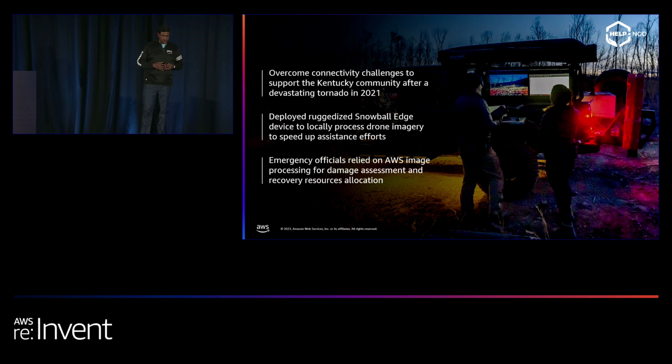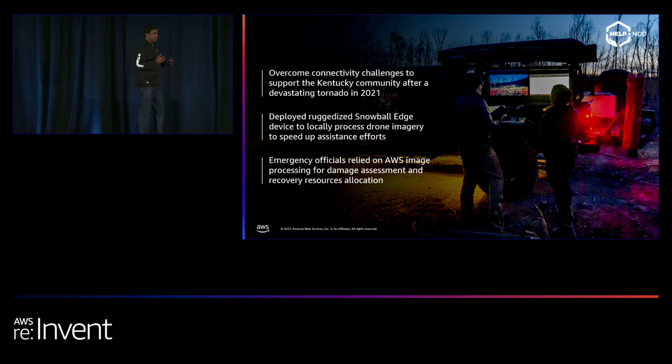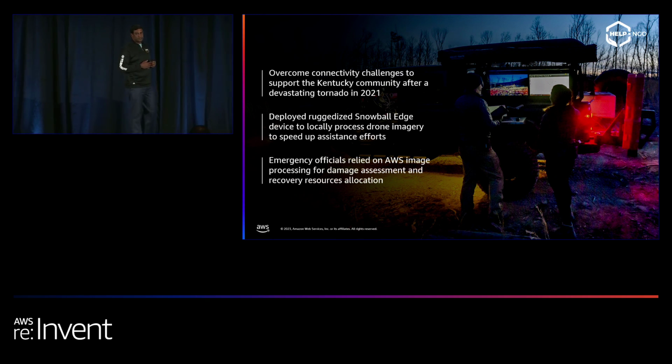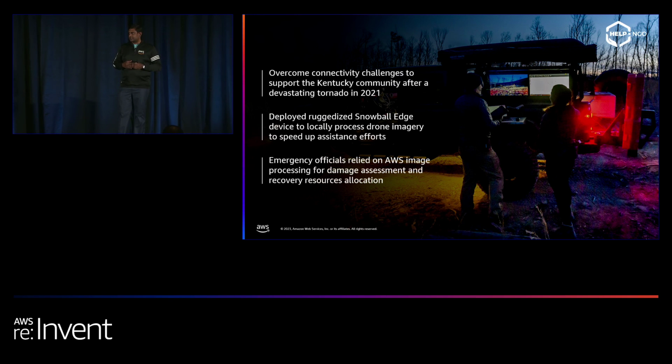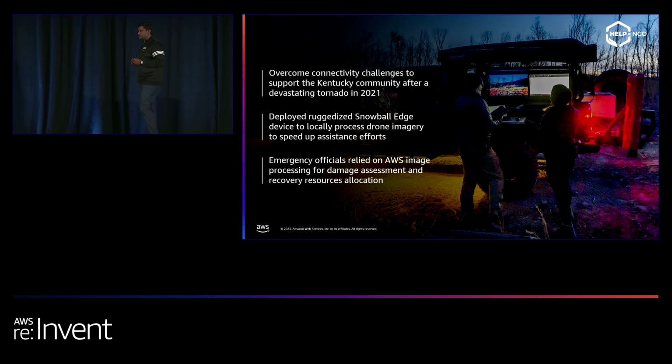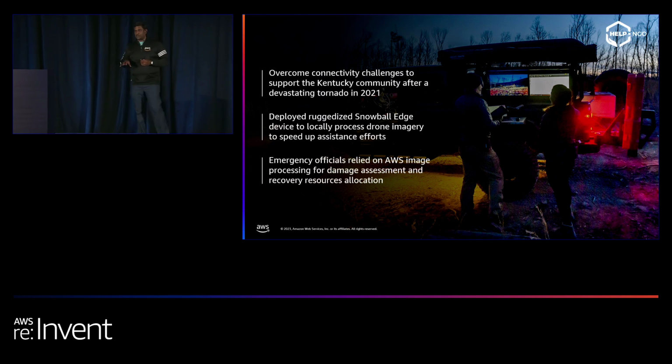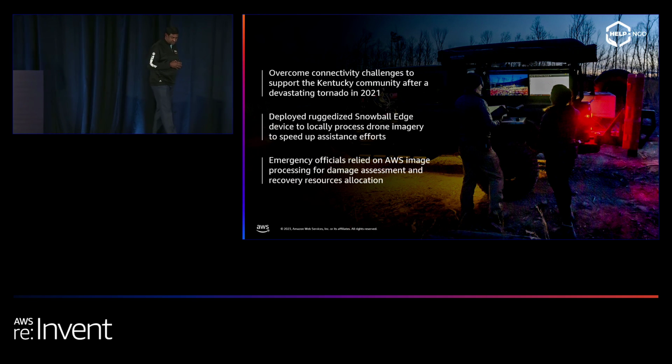So what you see in this truck is Snowball Edge devices deployed. Help.ngo has developed a lot of software for image analysis, video analytics, and ML inference that's been loaded onto these Snow devices. So we send drones in the impacted areas. The images and videos from the drones are analyzed on the Snow devices to provide first responders with information on where they should provide their assistance.